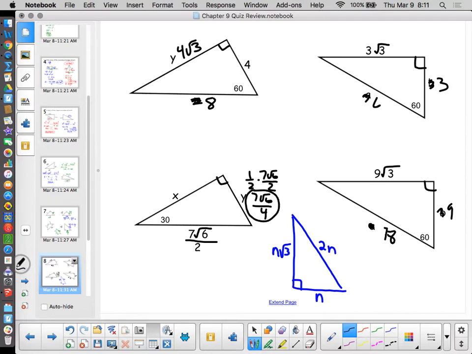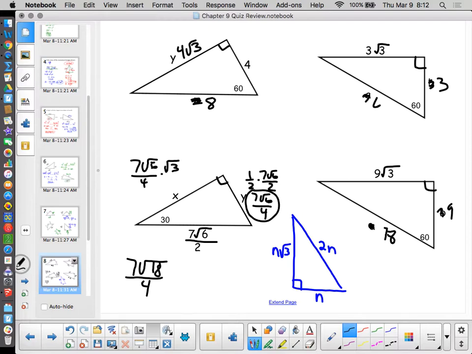So that one's kind of ugly. But, you know, there's always that one that kind of tests your algebra skills a little bit. And this has to be this number times the square root of 3, doesn't it? So 7 root 6 over 4 times the square root of 3. I can only combine the square roots, so that's 7 root 18 over 4.